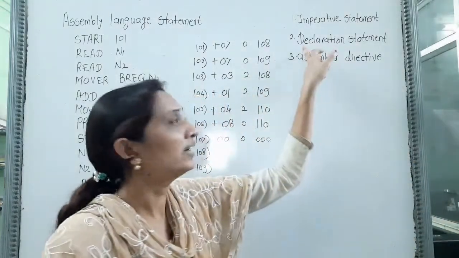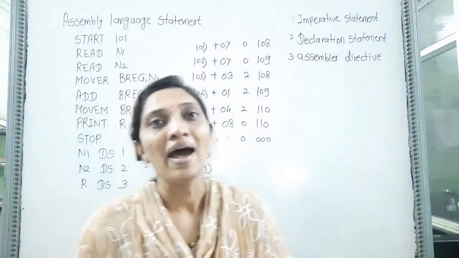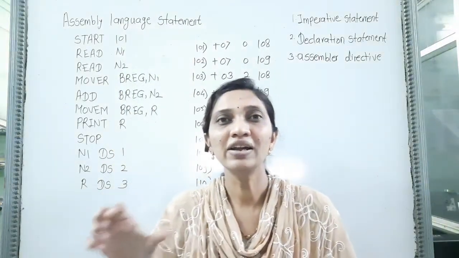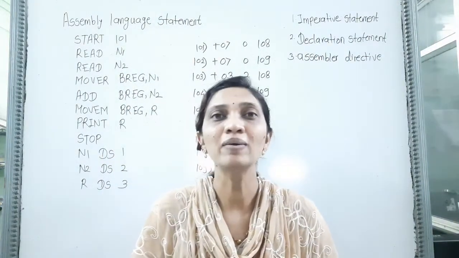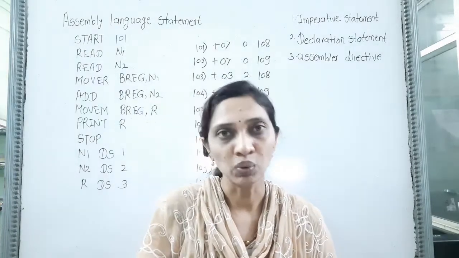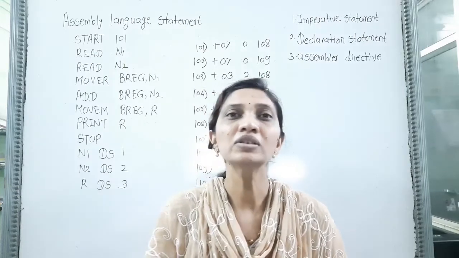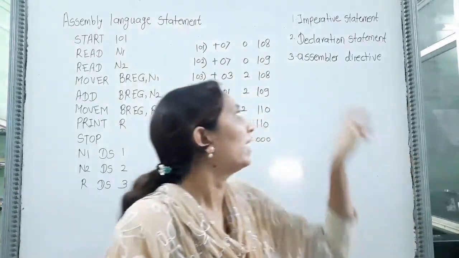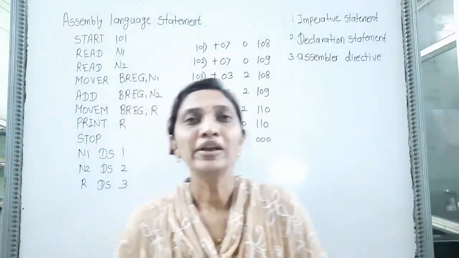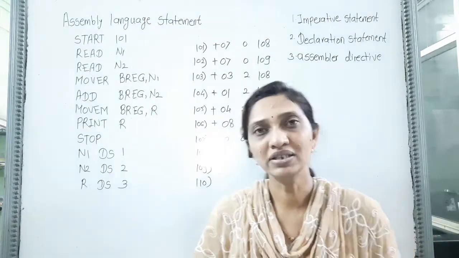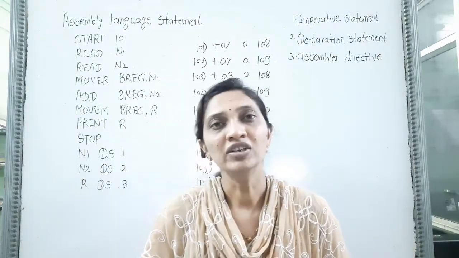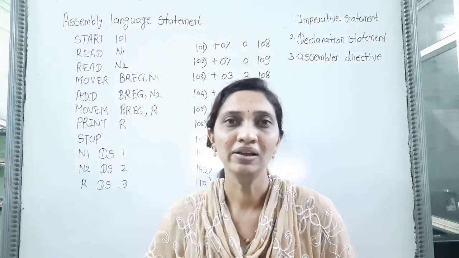After that, the declarative statement: if we have to declare some storage or some constant, then we use the declarative statement. And the third kind is the assembler directive statement, which is provided in assembly language.